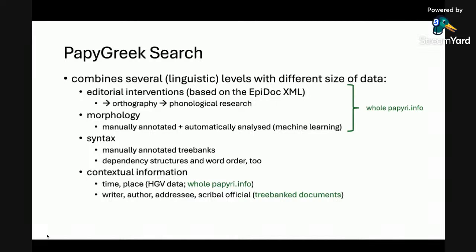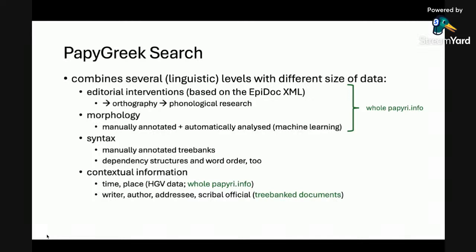And then we have morphological forms. We have both manually annotated data and automatically analyzed morphological forms. There we used machine learning and deep neural networks to produce the morphologically annotated corpus. For the orthographic and morphological sides, the whole Duke Databank of Documentary Papyri material is available with this data.